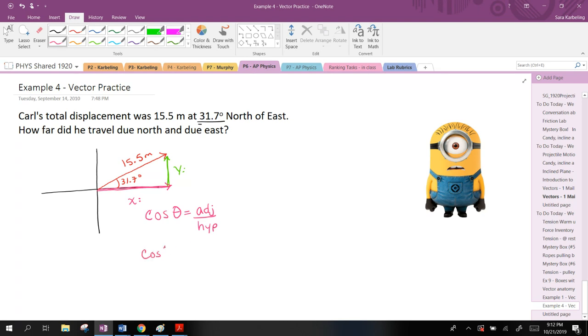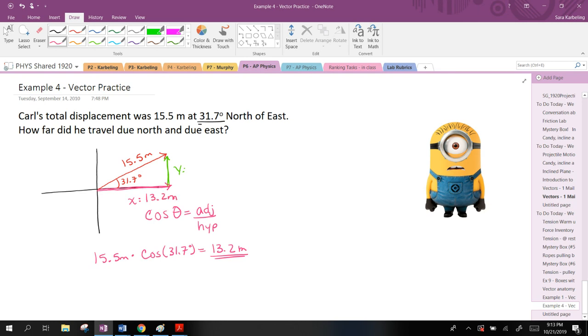So the cosine of 31.7 degrees times 15.5 meters will give us the part of the vector going in the eastward direction, okay? So 15.5 cosine 31.7 gives me a value of 13.2 meters. Okay, so that's this part right here, 13.2 meters.